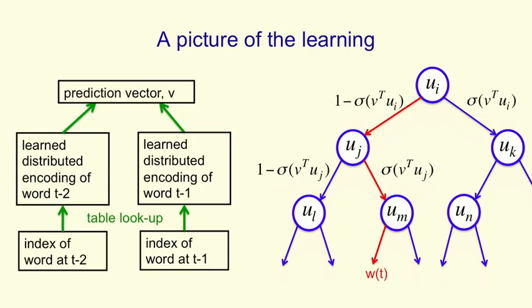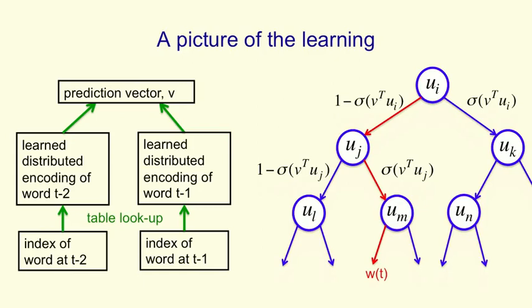That prediction vector then gets compared with the vectors that have been learned for all the nodes in the tree on the path to the correct next word. So that will be nodes I, J and M in this tree. That red path shows you the path to the word that actually occurred next. And those are the only nodes we need to consider during learning.